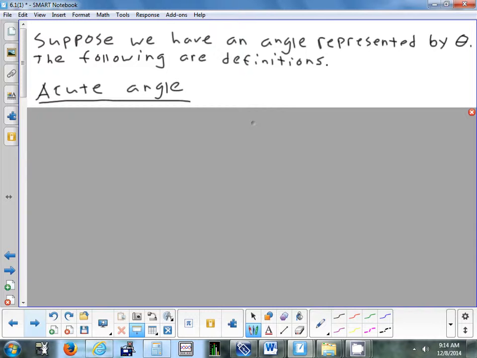So an angle can be classified depending on its size. Anybody tell me the definition of an acute angle? What is an acute angle? Josh? Angle less than 90 degrees. Okay, yeah, that's partially true. An angle that's less than 90. But there has to be something else too.